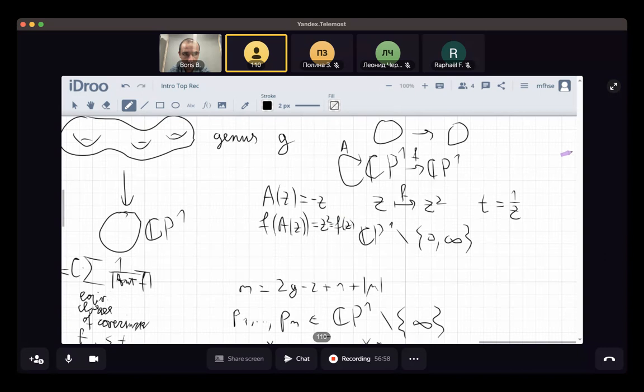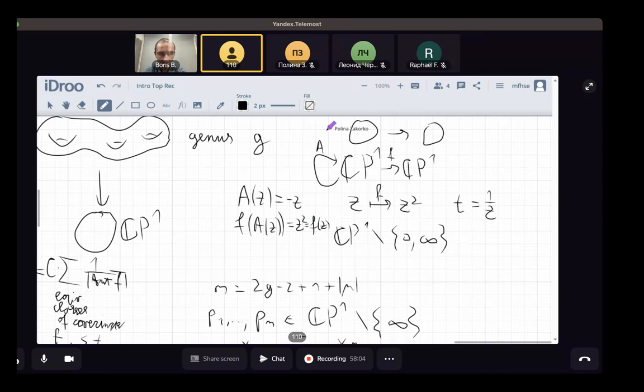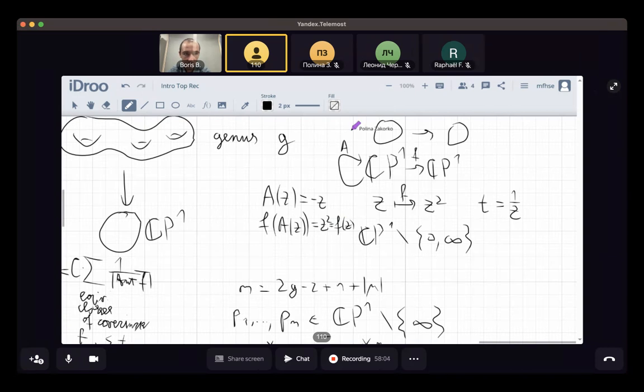Is it clear why in this example we have precisely two automorphisms? Out of all possible homeomorphisms A of the sphere upstairs, only two of them are indeed automorphisms of this covering, namely A of Z equals minus Z and A of Z equals Z. Just the identical one and this one. And that's it.